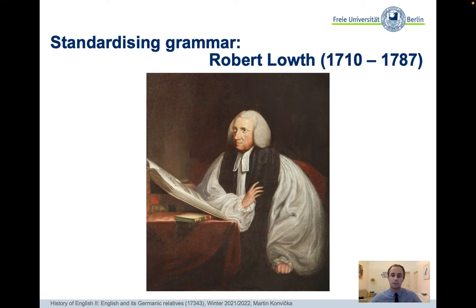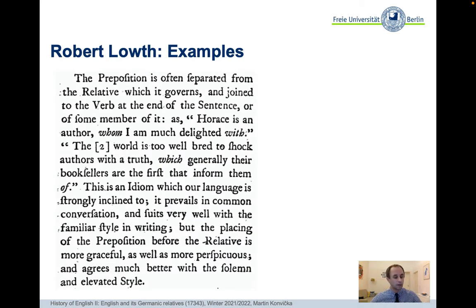He wrote a series of prescriptive grammars in which he introduced rules that are actually still familiar to us nowadays. One of them is the so-called preposition stranding. Here is a passage from his grammar where he explains that using sentences such as "the house I live in" is less preferred than sentences such as "the house in which I live."